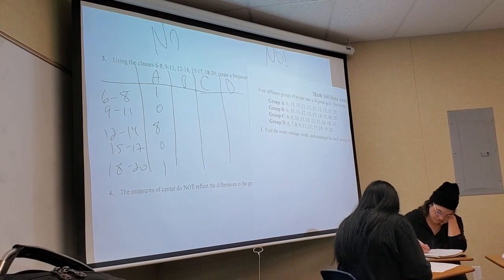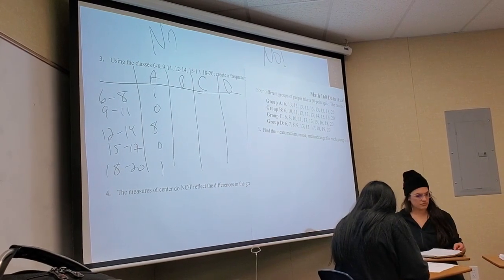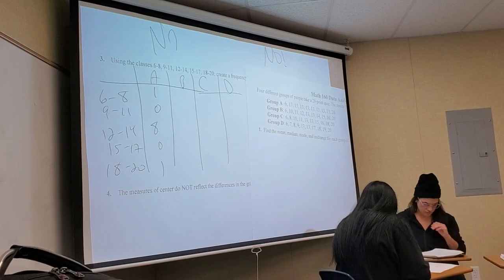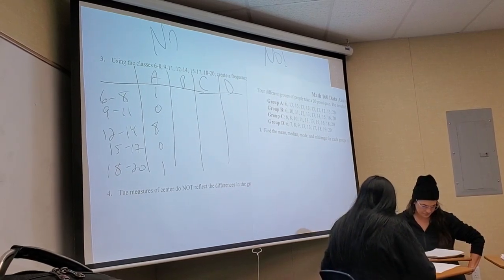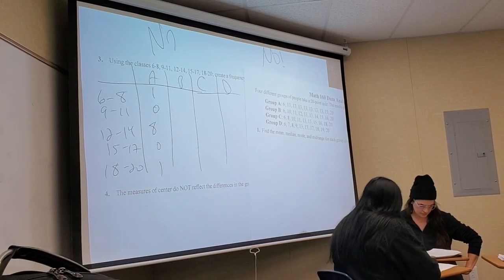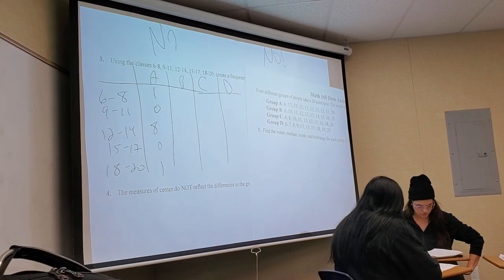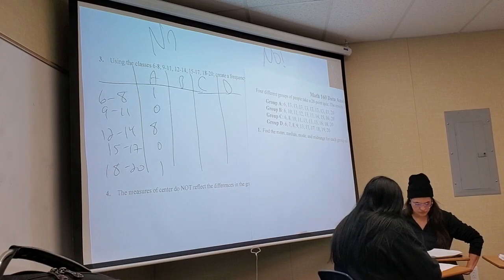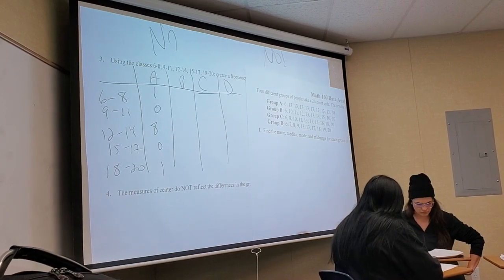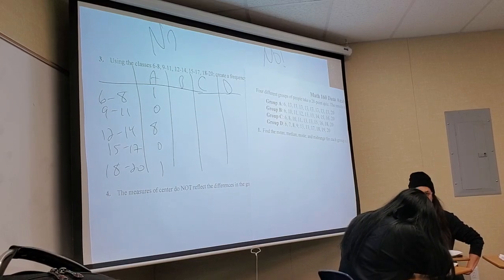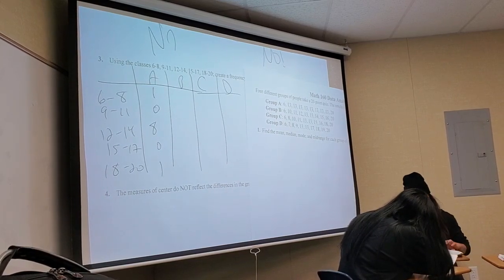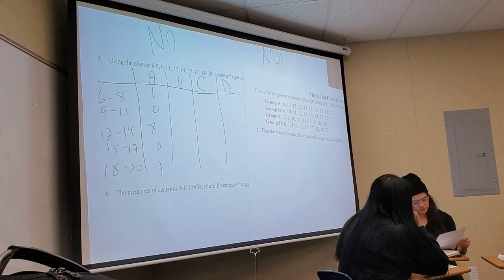Oh, for number 2? Yeah, it's based on the explanation. If you just look at them, they're obviously different. But all the work we did here makes it seem as if they're all the same. So no. I know they're all different, but the work we've done so far does not capture the difference. There is a difference between them, but it's not captured in the measures of center we did.